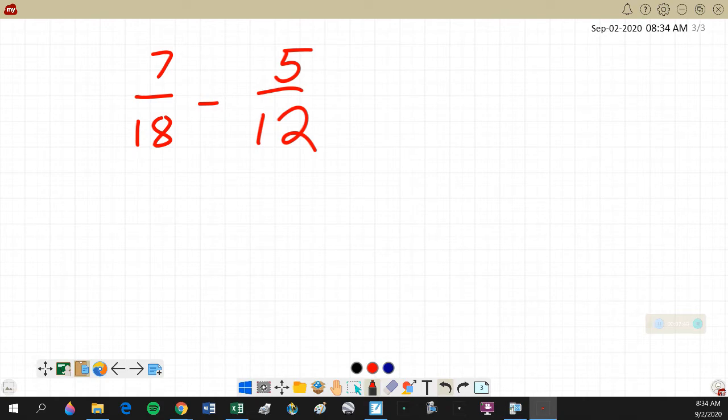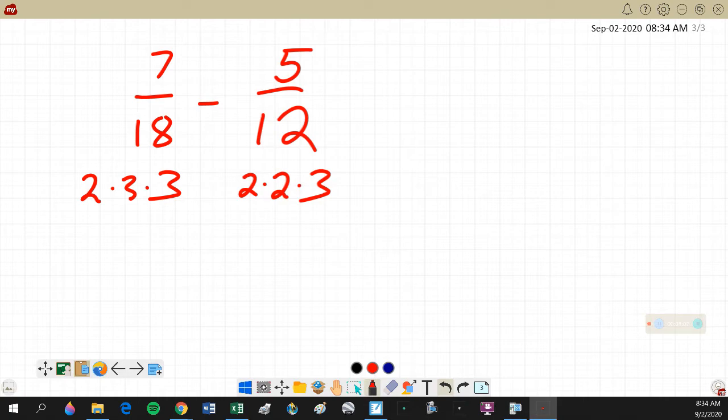So 2 and 9, and the 9 turns into 3 and 3. So 18 is 2 times 3 times 3. What is 12 made up of? 2 times 2 times 3. A 4 and a 3.